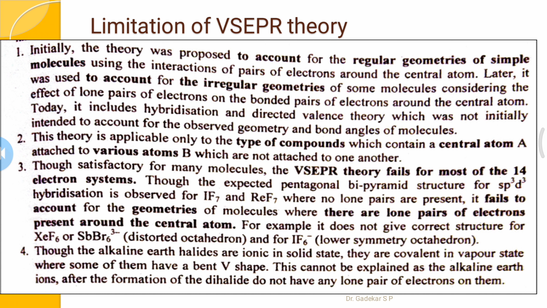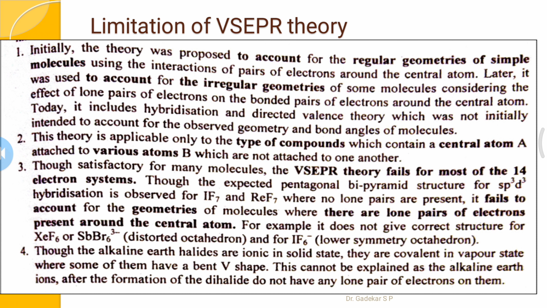This pentagonal bipyramidal structure for sp3d3 hybridization is observed in IF7 or rhenium ReF7, where no lone pairs are present, and the theory fails to account for the geometry of these molecules. This theory fails.